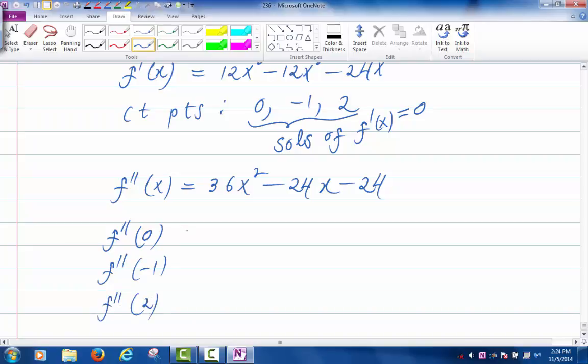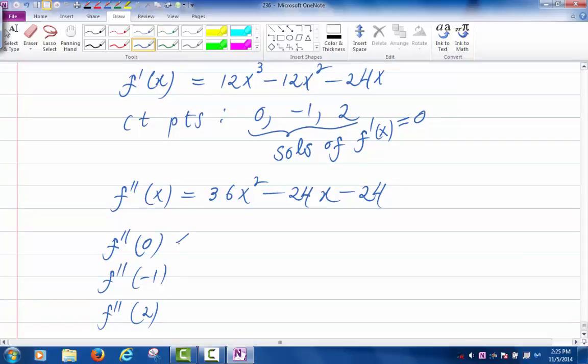What is f double prime of 0? -24, so that means it's negative, right? And that implies f of 0 is what? If at 0 the second derivative is negative, it means that the function is concave down, so I have a local min. At -1, if I plug in -1, what do I get?